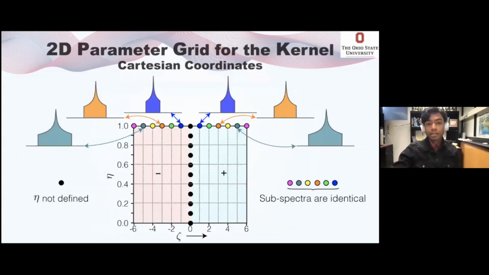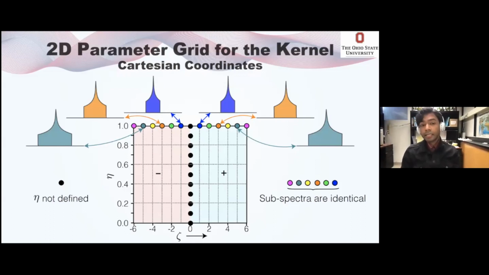But when I show you the next slide, the way we defined our parameter space, specifically the anisotropy and the asymmetry parameter, we do end up with these kinds of parallel basis sets. For example, what I'm showing in this figure is, first of all, an entire column, which I'm representing as black dots, that are regions not even defined on this grid, because of the way eta is defined: when zeta goes to 0, eta doesn't exist.